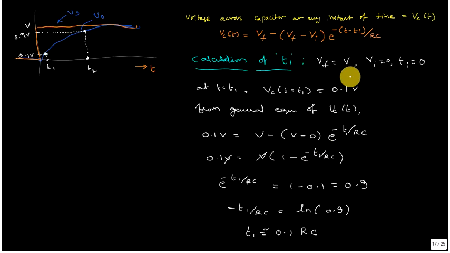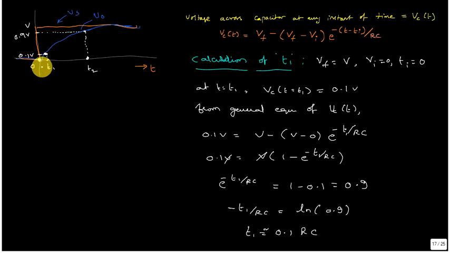Since you are applying V volts, Vf is equal to V. Next, the initial value: at the starting, the voltage across the capacitor is 0, so Vi is equal to 0. Next, Ti is the starting time at which the input voltage is applied. Input voltage is applied at t equal to 0, so Ti will become 0.